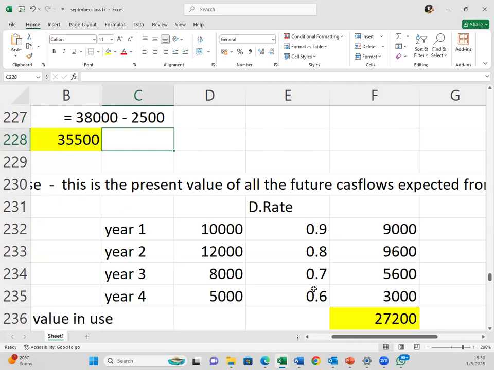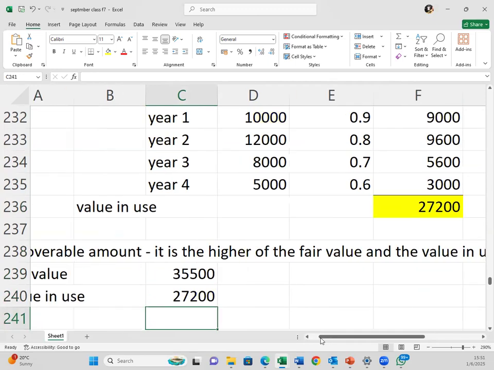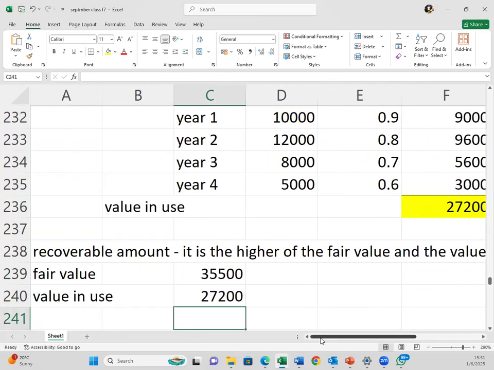But overvalued by how much? We compare these two, and we take the higher of the two. The higher of the two is what you call the recoverable amount. So for us to say this asset is overvalued by how much, or is impaired by how much, we take the higher of the fair value and the value in use.